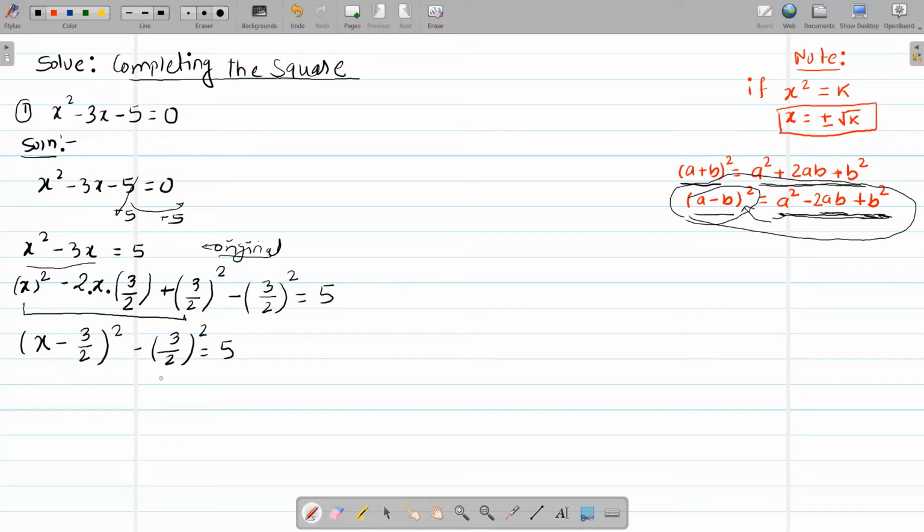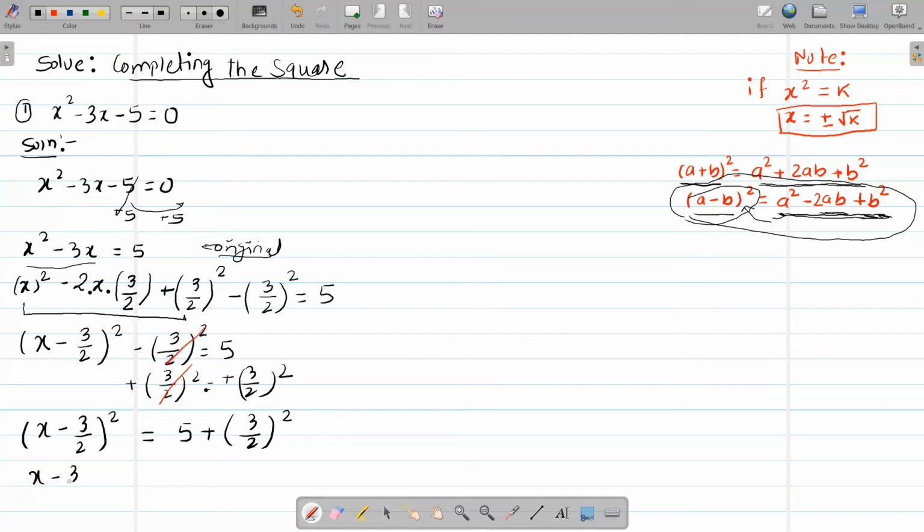Now to solve for x, we have to add 3 over 2 square both sides, right? Now when you add, this cancels out, so we are left with (x minus 3 over 2) square is equal to 5 plus 3 over 2 square.